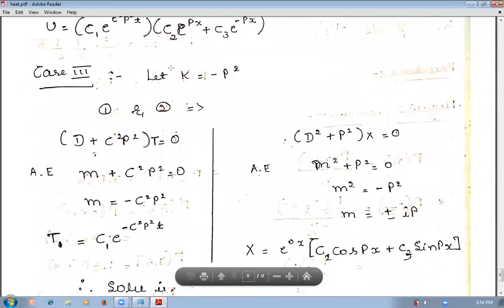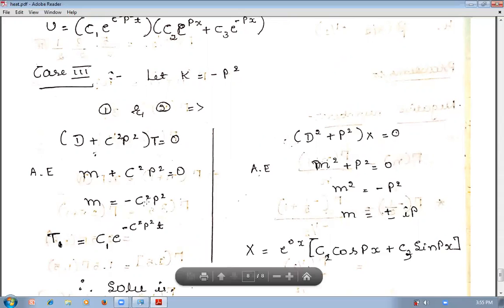And go for case 3. Let k = -p². In place of k, put -p². Equations 1 and 2 imply (D + c²p²)T = 0 and (D² + p²)X = 0. The auxiliary equation is m + c²p² = 0, and m² + p² = 0. m = -c²p².